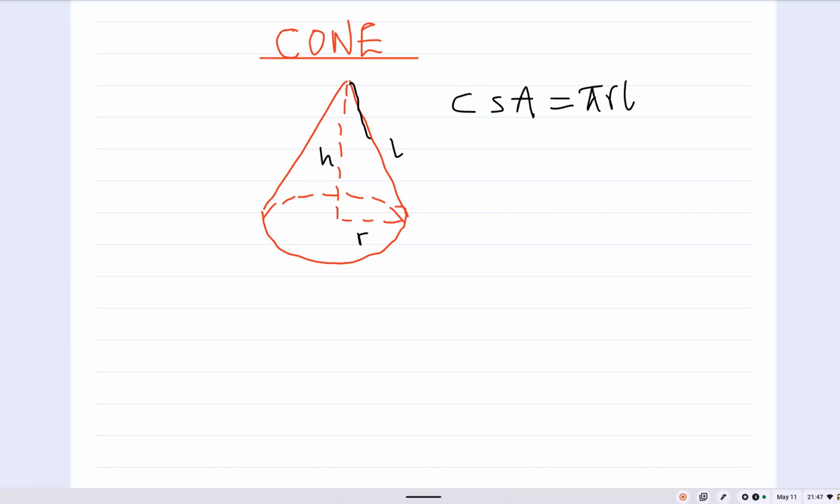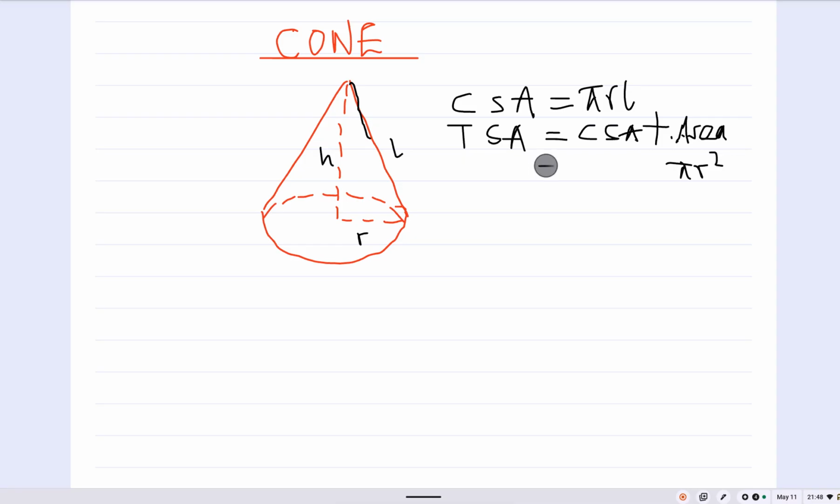Another thing we need to know is the total surface area. The total surface area, just like we did under volume, is the curved surface area plus the area of its base. The base is a circle, so the area there is pi r square.